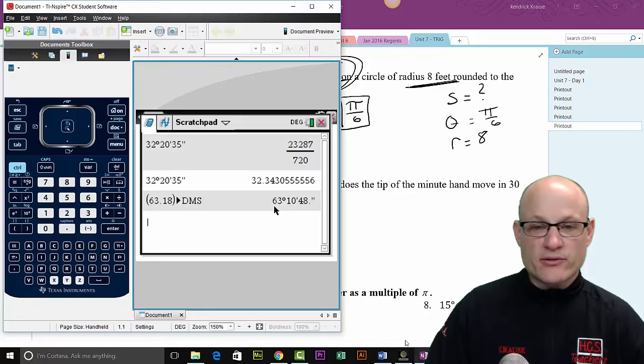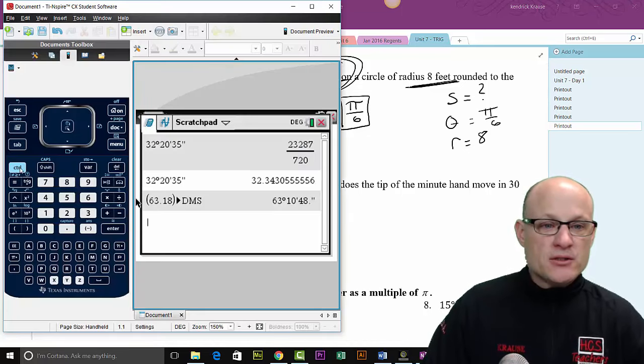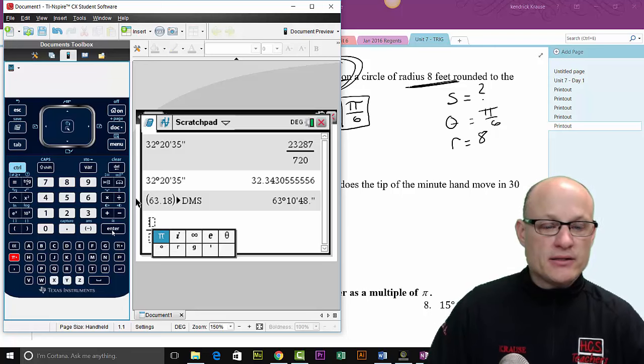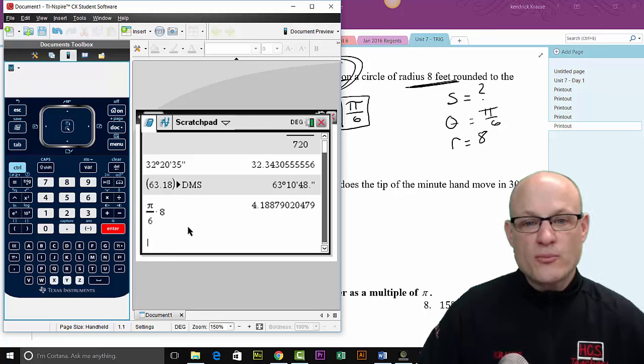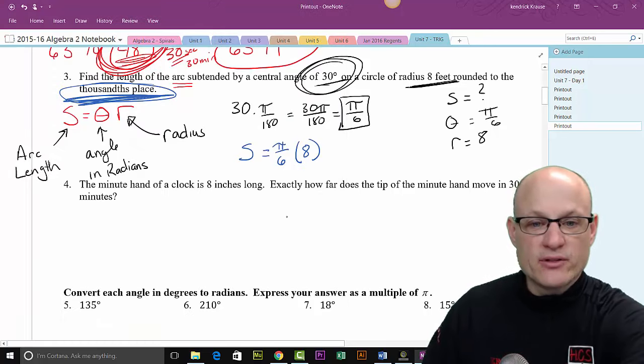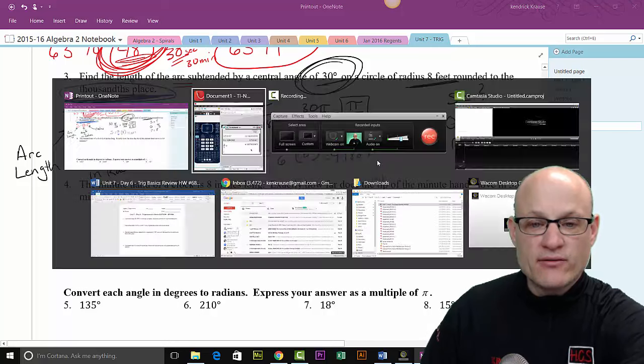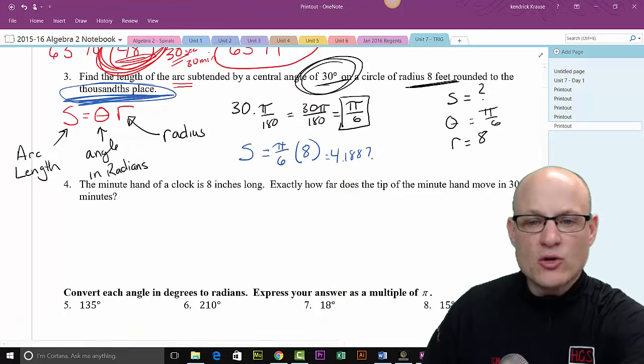So I go to my calculator and I say, okay, control division, pi over 6 times 8. Enter. 4.1887902.